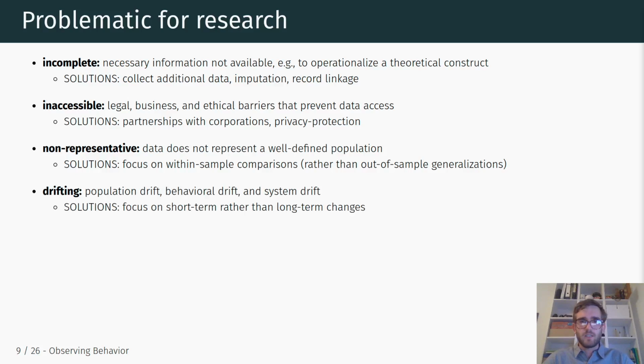Another issue that I briefly mentioned previously is drifting, and there are 3 different types of drifting. The first one is population drift, which, in the context of, for example, specifically social media platforms, describes change over time of who is using a platform.